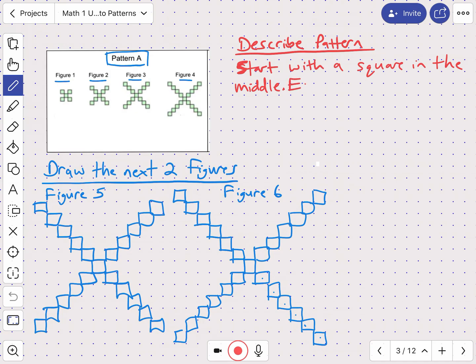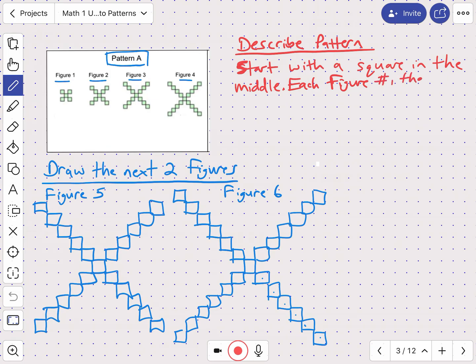So each figure has the figure number, right? I think for figure 6, it would have 6 squares on the diagonal.